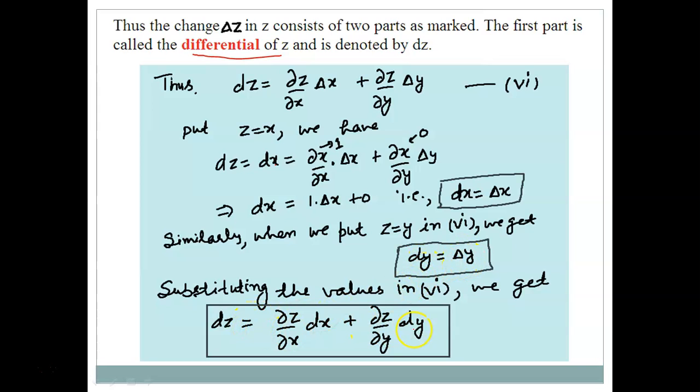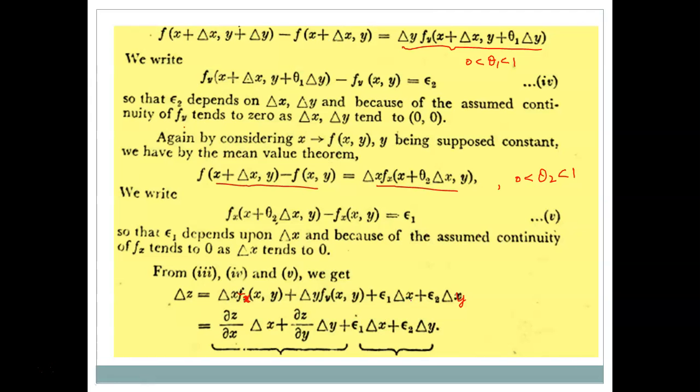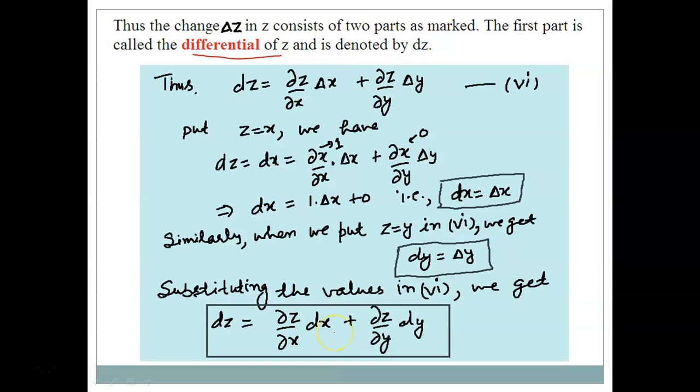So dz becomes this quantity. So in this equation, delta z equal to this, the first part gives the differential of function z, and that is given by this equation, dz equal to this.